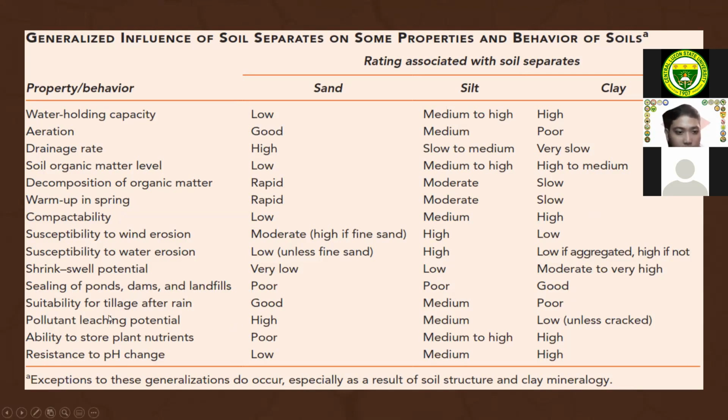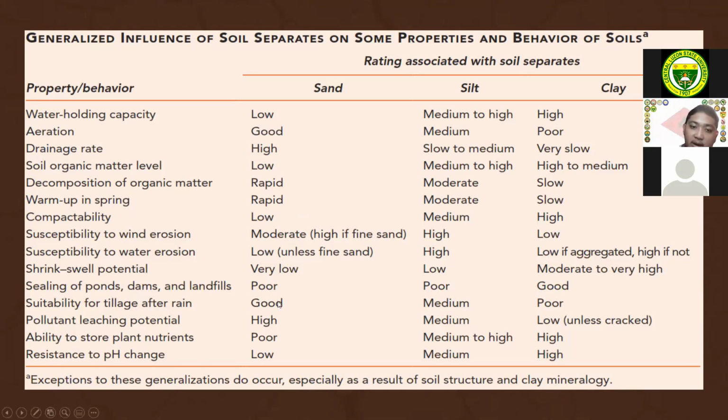Then, pollutant leaching potential, so high sa ating sand. Then silt is medium and clay is low unless cracked. So, even sa nutrient leaching or other leaching process, high ang sand. Kasi once na magkaroon ng mga solution dyan, madali lang siya madi-drain out or magli-leach out.